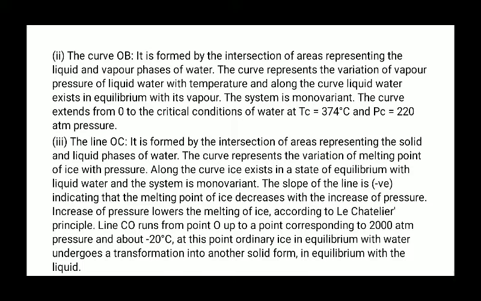Increase of pressure lowers the melting point of ice, according to Le Chatelier's principle. Line CO runs from point O up to the point corresponding to 2000 atmosphere pressure and about -20 degrees C. At this point, ordinary ice in equilibrium with water undergoes a transformation into another solid form in equilibrium with the liquid.